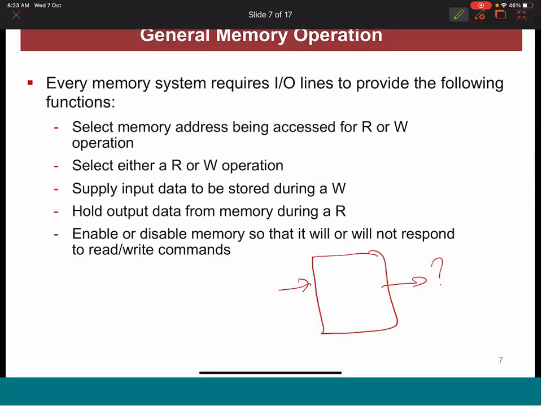The address bus has N lines, and this will depend on the size of the memory, right? So the example that we did before, if I have 8 memory locations, then N is equal to 3. If I have 16, then N is equal to 4, and so on. If I have 32, then N is equal to 5. So this is the address bus.